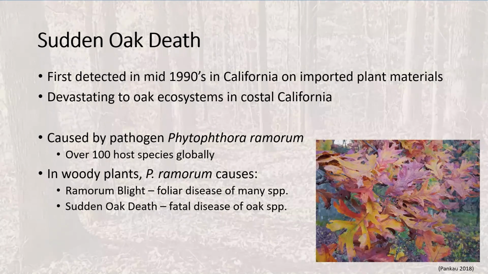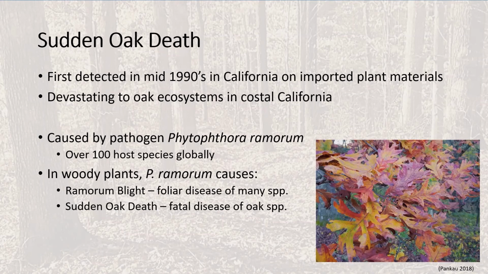And that pathogen, interestingly, can take two different forms. One is ramorum blight, which is just a foliar disease in many species. And the other is sudden oak death, where it's fatal to oak species. And in that form of infection, again the same pathogen, it forms stem girdling cankers, which is how it's actually killing those plants, and is really devastating.